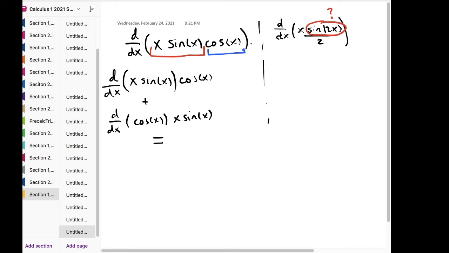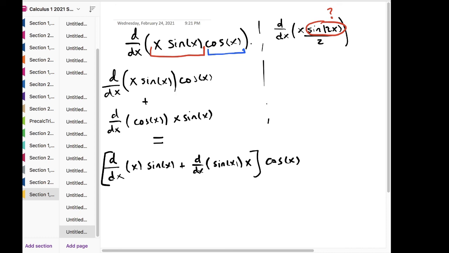So that is the derivative of x times sine of x plus the derivative of sine of x times x. Now this whole thing is multiplied by cosine, plus, and then we do here, that's negative x sine squared.